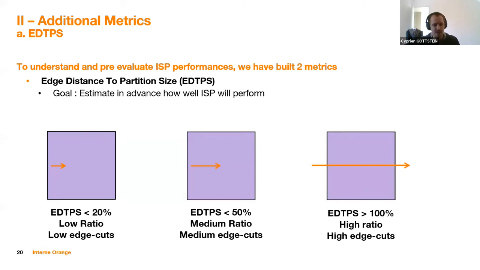On the contrary, if all of the edges are very tiny compared to the surface of the partition, most of the edges should be able to fit within a single partition and thus should not be cut. So a high EDTPS ratio should imply a high number of edge cuts, and a low EDTPS ratio should imply a low number of edge cuts.